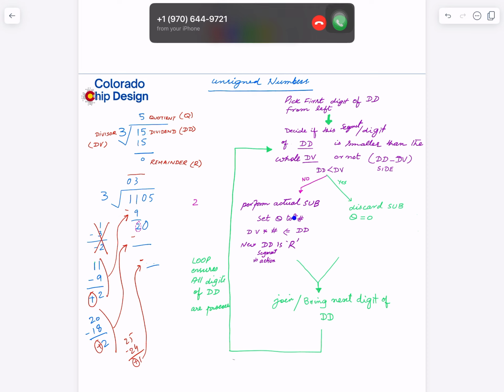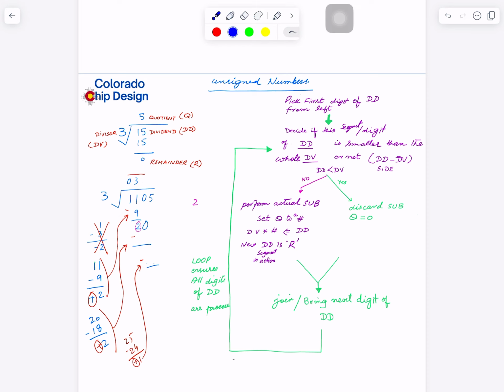Set Q to a number such that the divisor multiplied by that number, which is the quotient, is less than or equal to DD. Basically what I'm saying is what number I need to put here to make this 6. Okay, so we're doing the actual subtraction now, and it is 20 minus 18, 2.